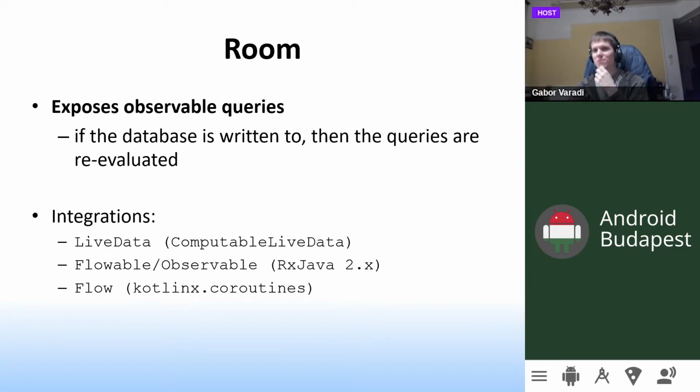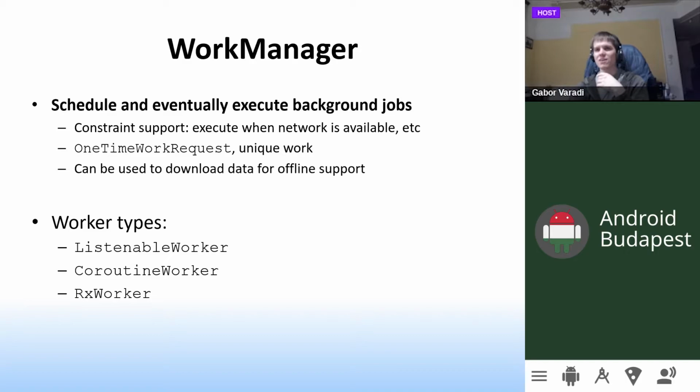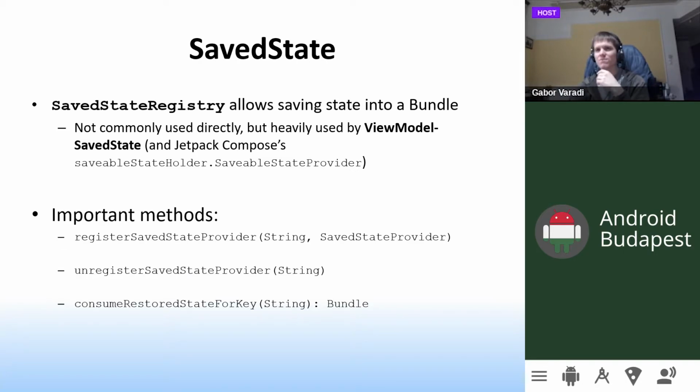Room exposes observable queries, and you can either use live data, which uses the computable live data under the hood. It evaluates the query if the data set has been invalidated, but it also works with flowables and observables and flows. WorkManager also provides us integration with all of these tools.